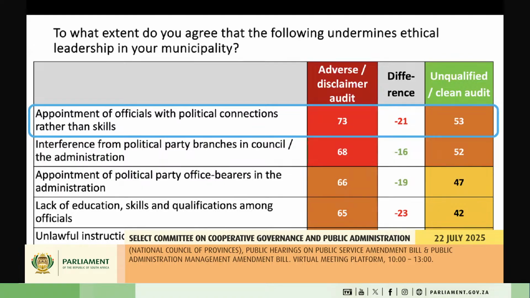And you can see there, in organizations that have adverse or disclaimer audits, it's significantly worse than those with unqualified or clean audits. So that's why we support the view that Sarah is going to be giving, that it's really, really important that we look at the appointment processes of DGs and other senior managers in the public sector. Thank you very much.